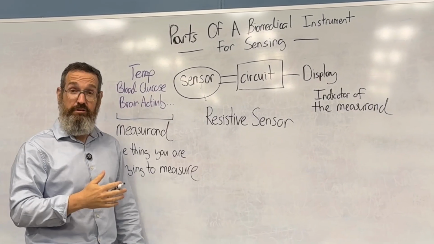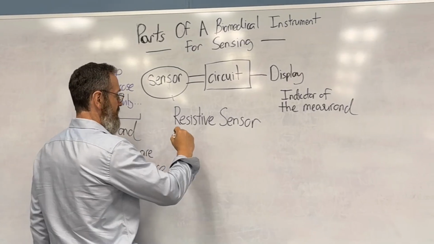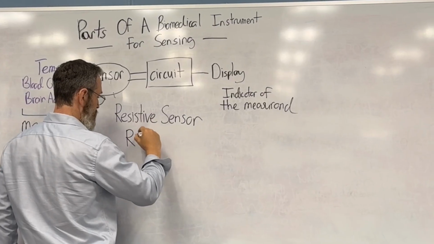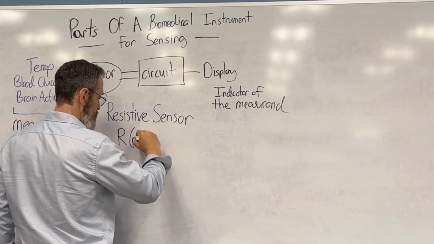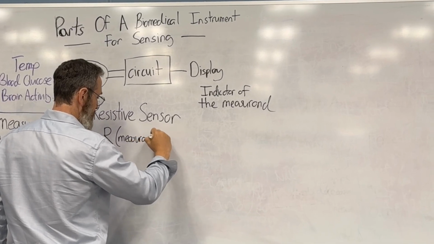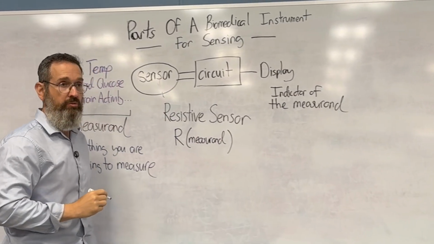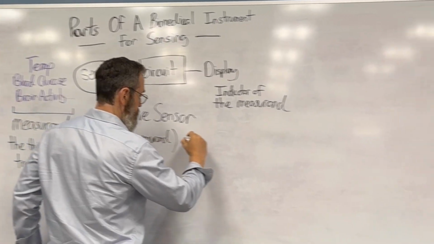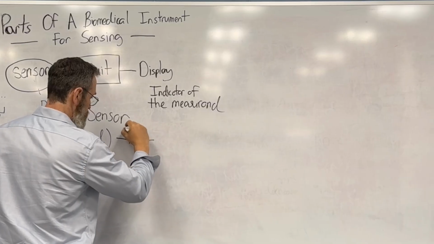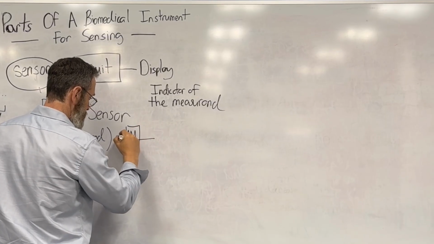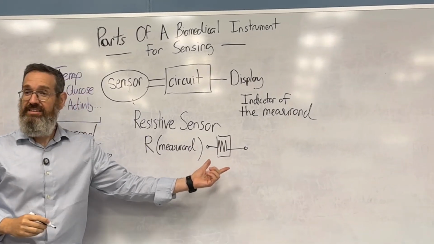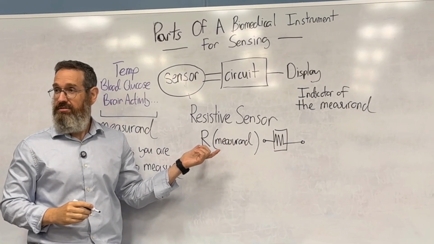I'll define that as a resistor whose resistance, and here's that term again, is a function of the measurand. So we have a physical resistor with two ends on it, however its resistance is a function of the measurand.